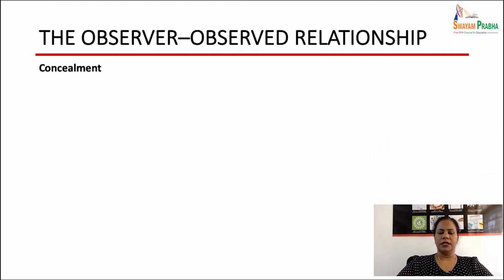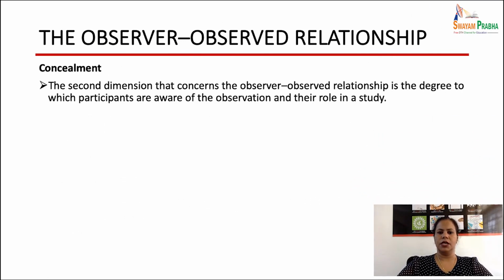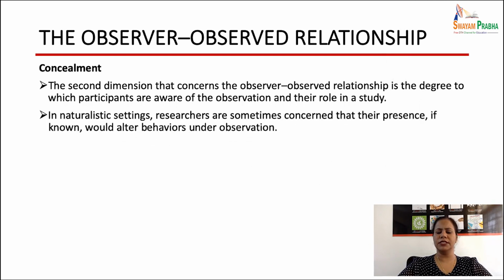Another one is concealment. Concealment is about how much participants are aware of the observation and their role in a study. Whether the participants know that they are part of a research study, or it is concealed from them and they do not know. You need to decide how much awareness the participants should have that they are part of the research study.